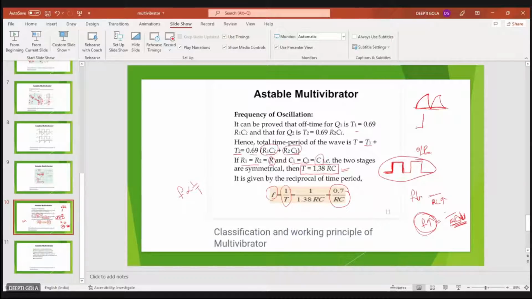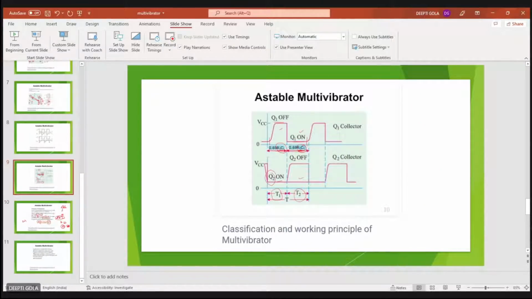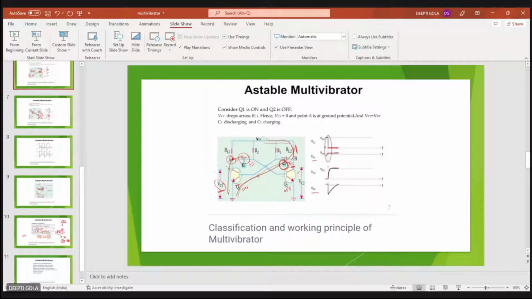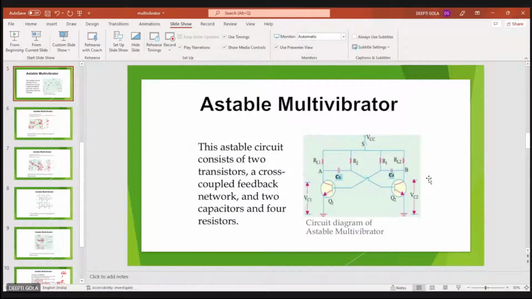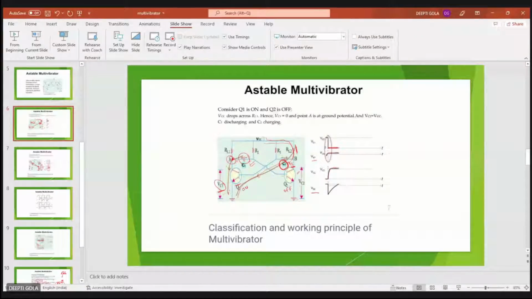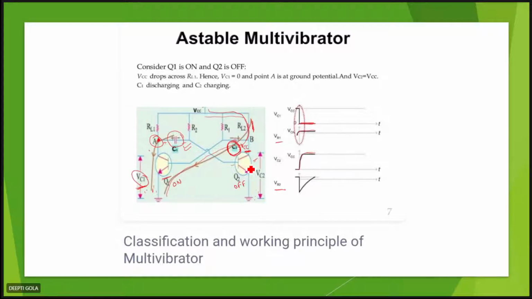Are you getting it? Because if you see this figure, only one resistance and one capacitance are active at a time, right? When this point is at zero terminal, then this R2 is already grounded. This R2 and this RL1 both will act as grounded, so they will not work.